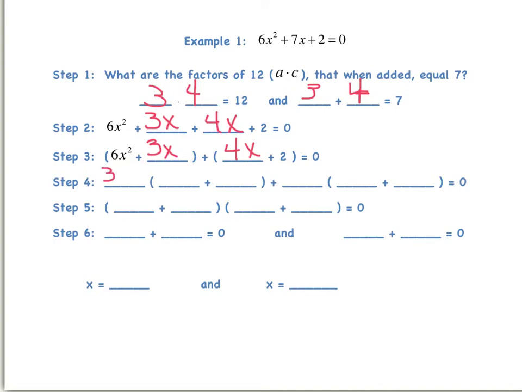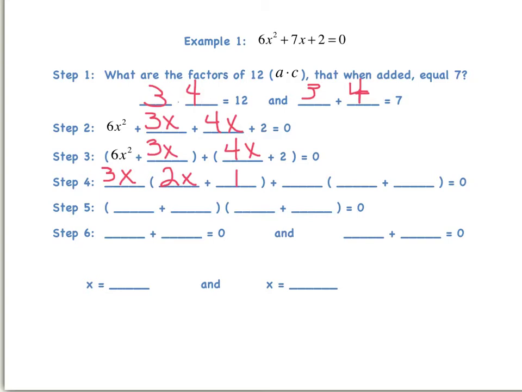And if I look at x squared and x, I can also factor out an x. Now I need to divide each of these 2 terms by my common factor. And when I do that, I will have my new binomial. So 6x squared divided by 3x is 2x. And 3x divided by 3x is 1.